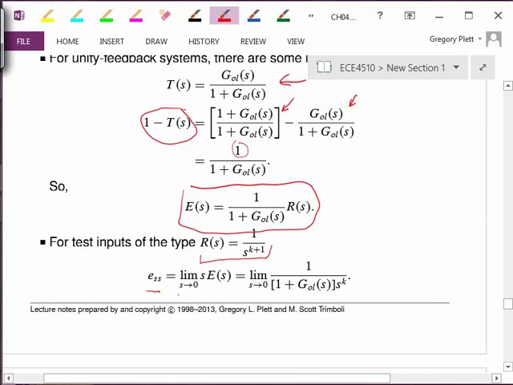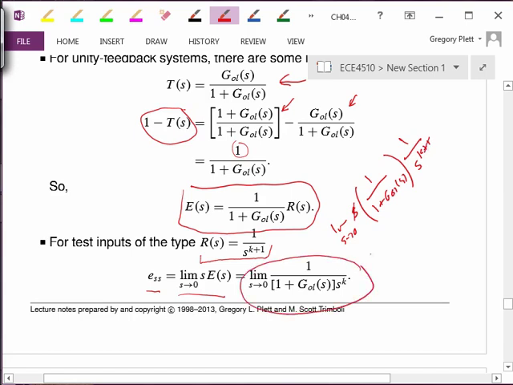Steady state error is the limit as s goes to 0 of s times E(s). That's the limit as s goes to 0 of s times 1 over 1 plus G open loop of s, times R(s), which is 1 over s to the k plus 1 power. The s here cancels one of those, and we're left with this. Okay, let's work with that.